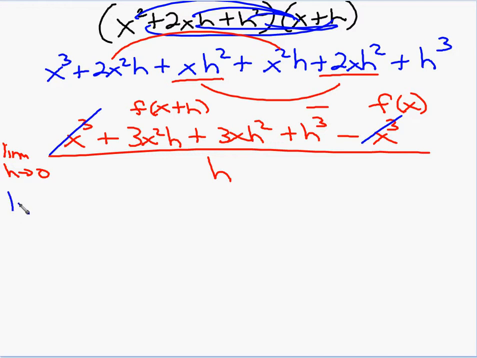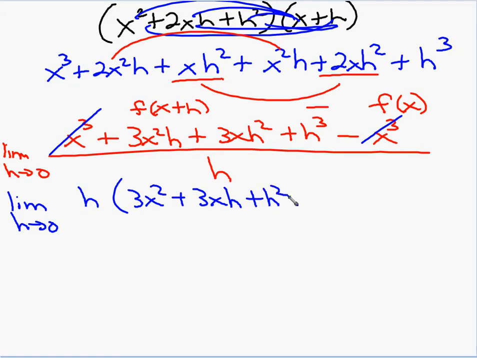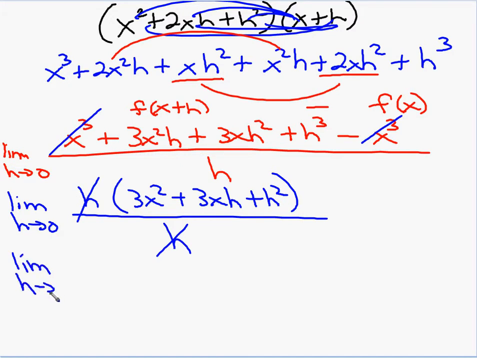So I now have the limit as h approaches 0 of h times 3x squared plus 3xh plus h squared, all over h. Slash away. And now I have the limit. We're just about done. Hallelujah.